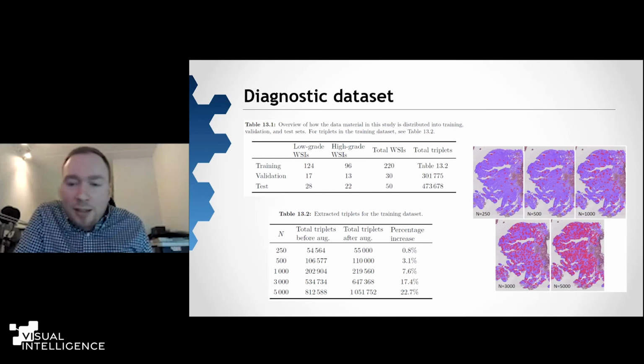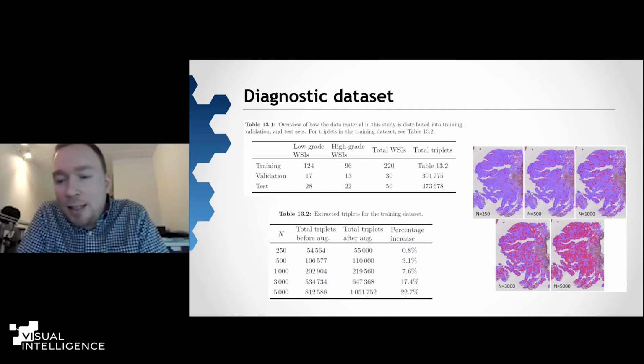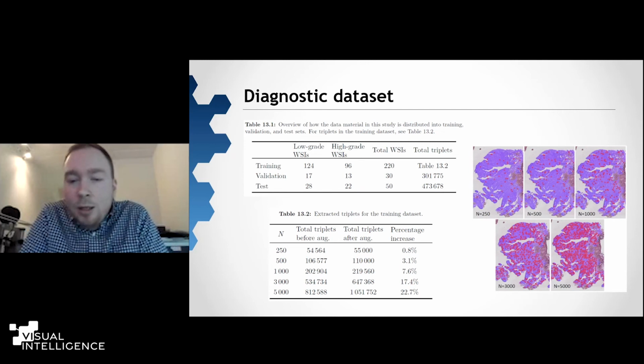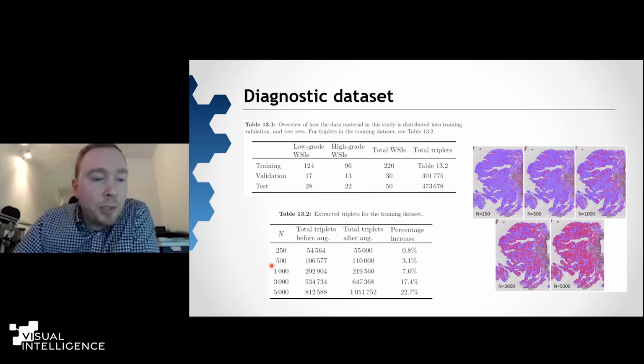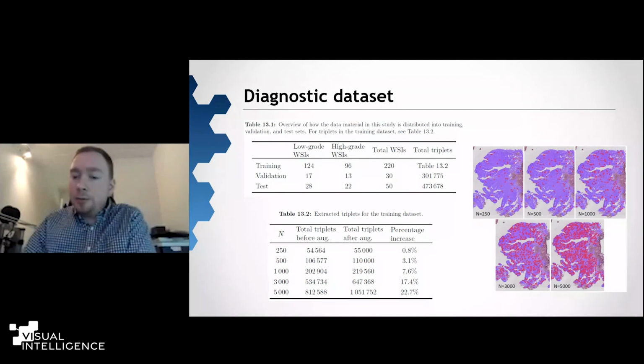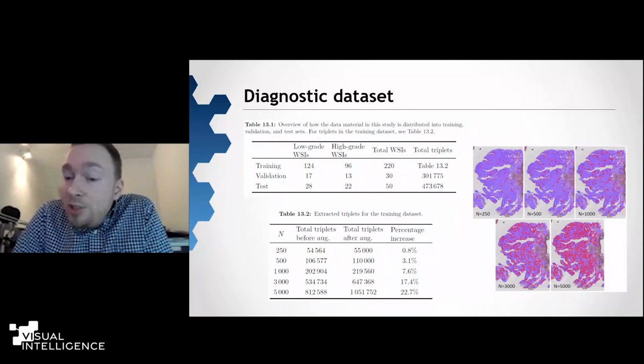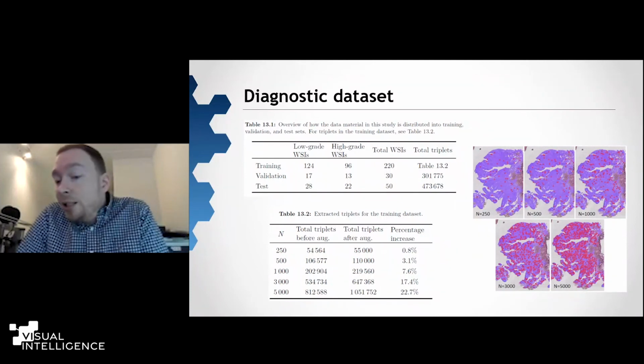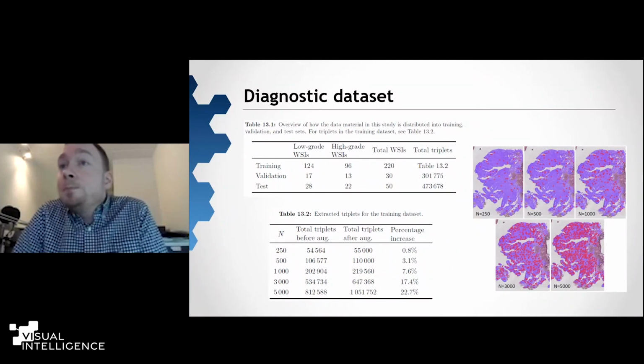For the training dataset, however, only n randomly selected tiles have been extracted, and in the paper, we have set n to 250, 500, 1,000, 3,000, and 5,000. And the image to the right shows how the density of tiles varies with the different values of n.